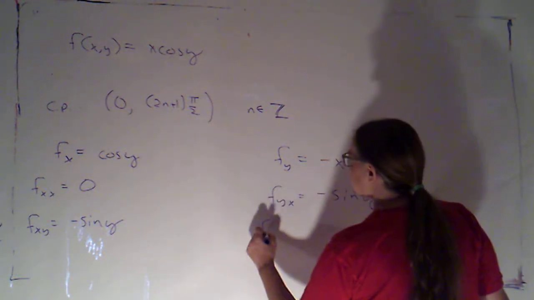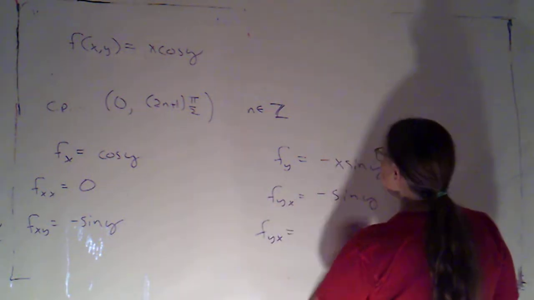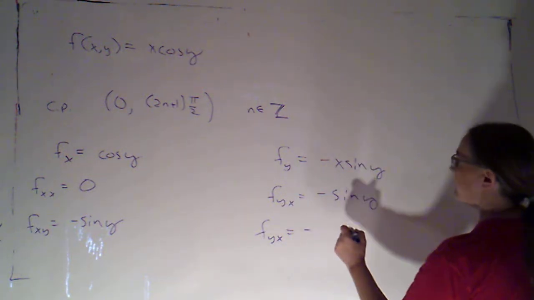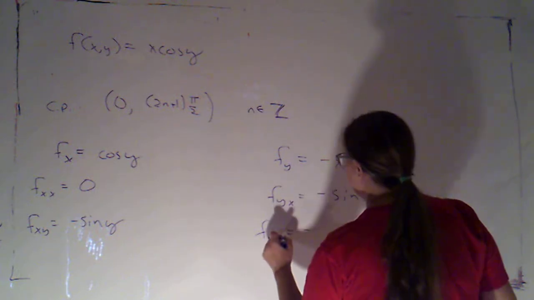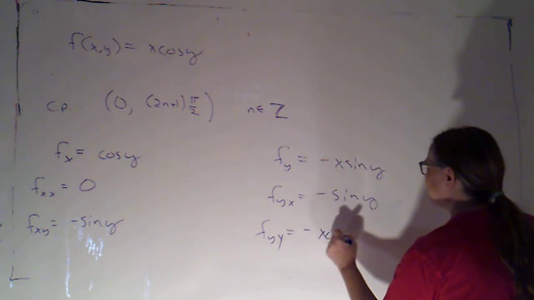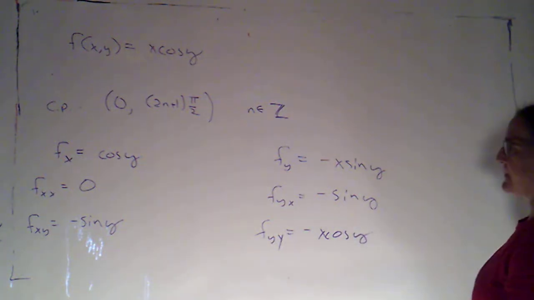Okay, f sub yy is going to equal negative x cosine of y.